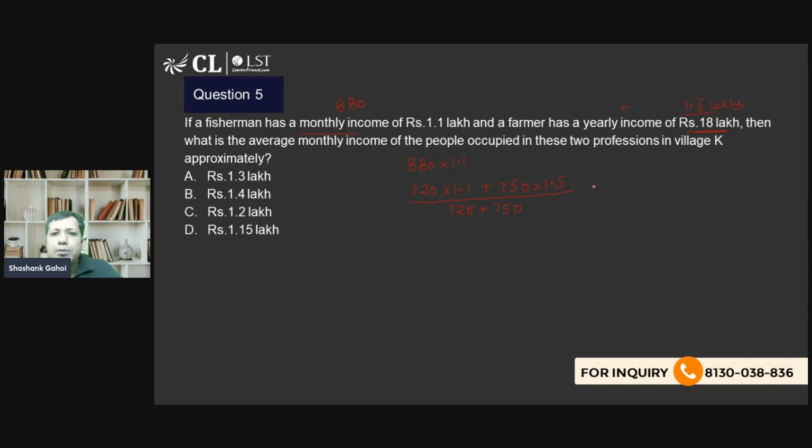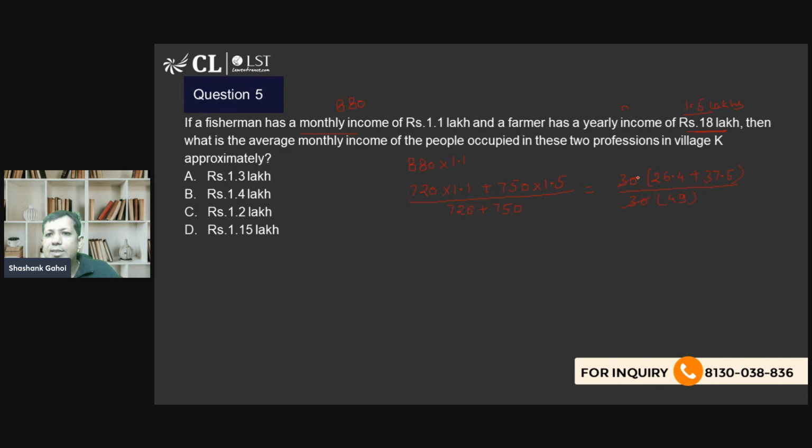Okay. So what I can do, I can take 30 common. Then it is going to be 24 into 1.1, so that comes out to be 26.4, plus 25 into 1.5, which is going to be 37.5, divided by 30 common, which comes out to be 49.